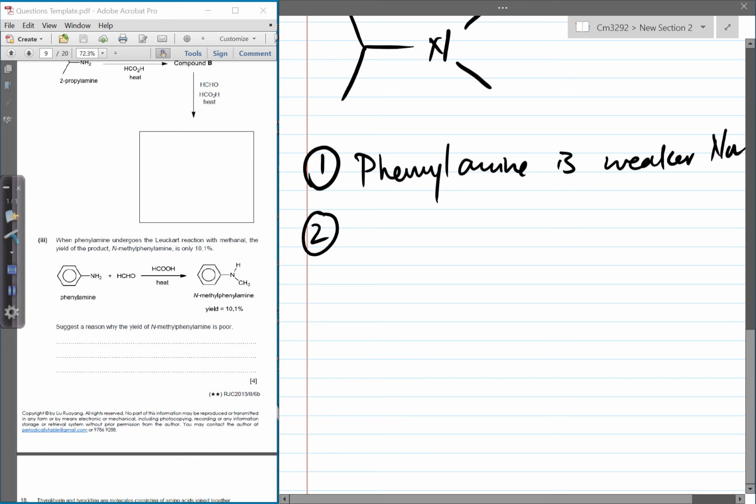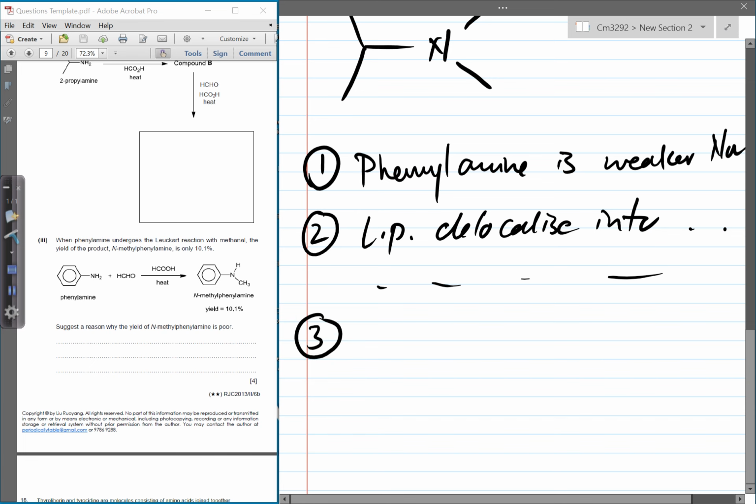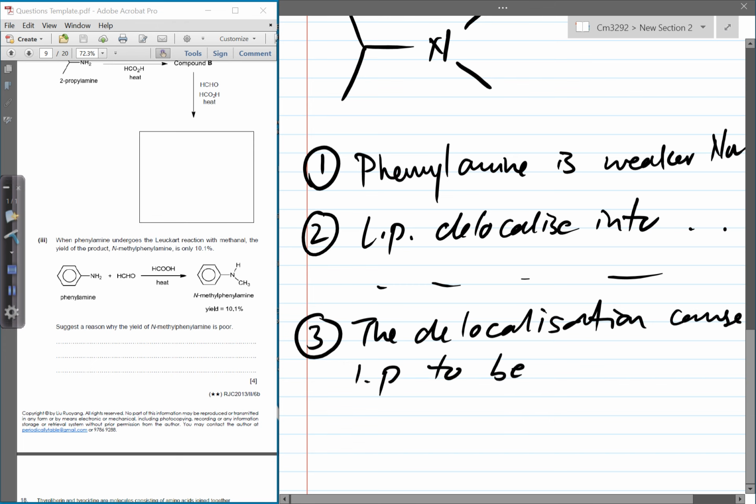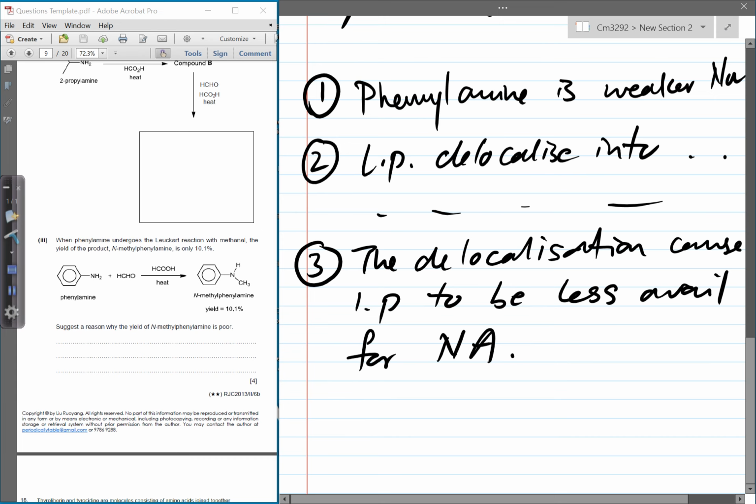So why is it a weaker nucleophile? It is because of the lone pair delocalized into the ring. This part should be okay, right? This answer is quite standard. And then the third point is the delocalization causes the lone pair to be less available for nucleophilic addition, right? So it's just these 3 points.